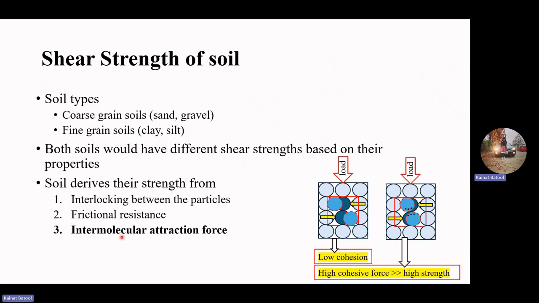So this is C and this is phi, right? And this first one is the interlocking between the particles. So all these three factors, either in combination or one particularly being prominent, can contribute towards the shear strength of these types of soil in particular, right?